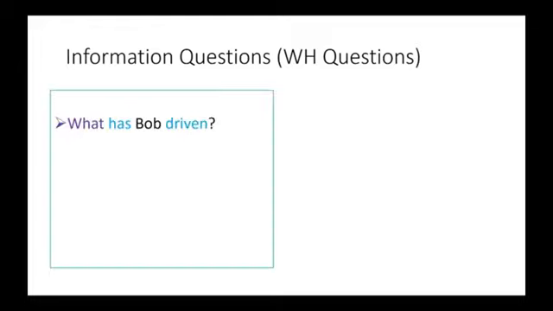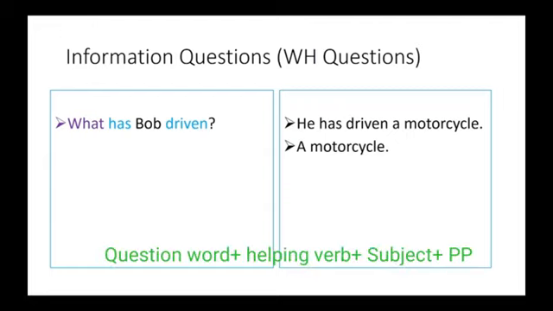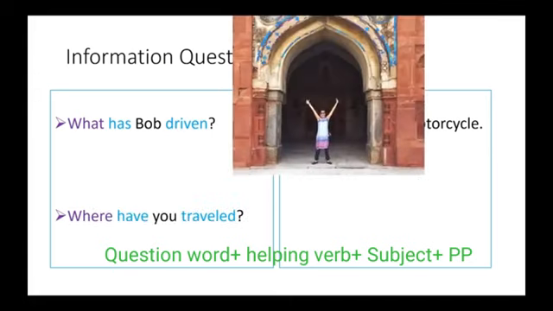Now, let's look at information questions, also called WH questions. What has Bob driven? To this question, we can answer, he has driven a motorcycle, or a motorcycle. To form a WH question, we keep the same order that we had in our yes-no questions, but now we add a question word to the front.